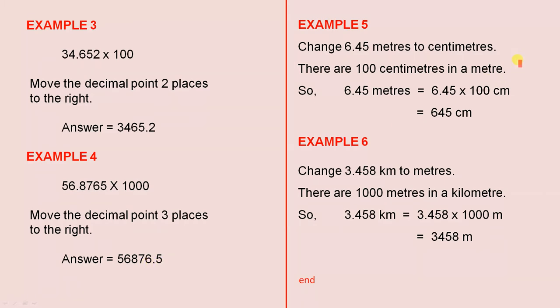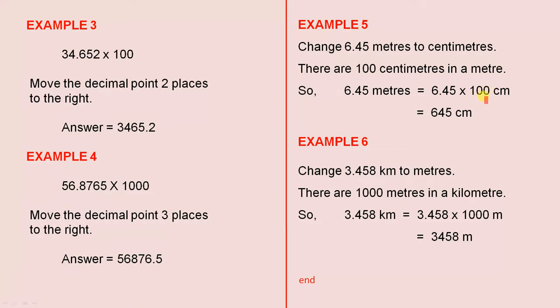Now here are some simple conversions, and we're going to apply the same principles. Change 6.45 metres to centimetres. Now if we know that there are 100 centimetres in a metre, we go 6.45 metres will give us 6.45 times 100.